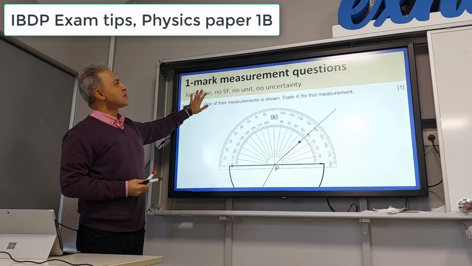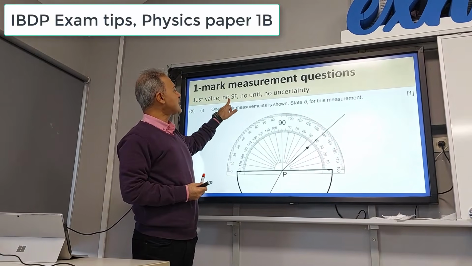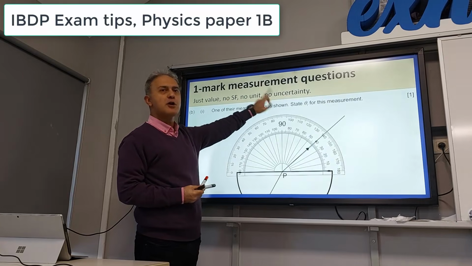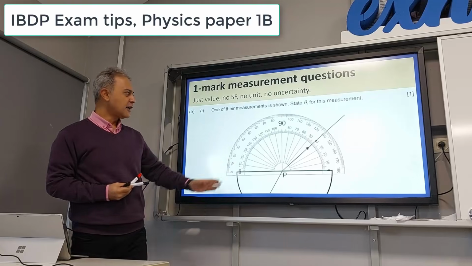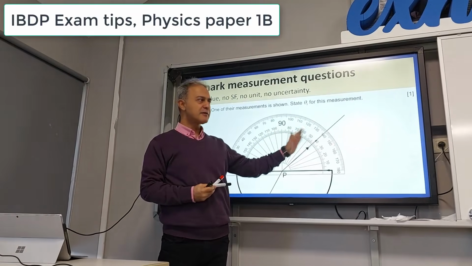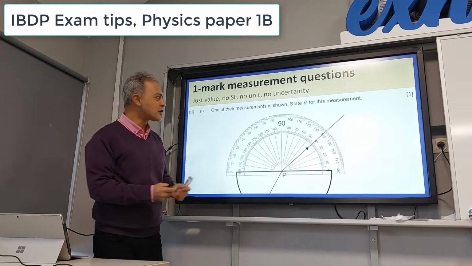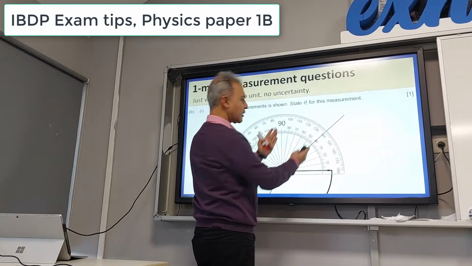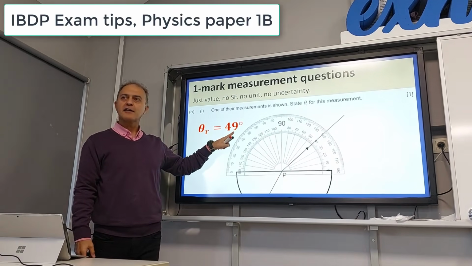1 mark measurement questions, 1 mark. Just the value, no significant figures, no unit, no uncertainty. Understand? A 1 mark question. They ask you for the degree. How many degrees could it be? You should just count them from here to here. The answer looks like this: 49 degrees.